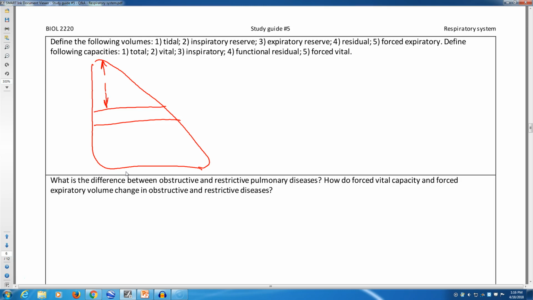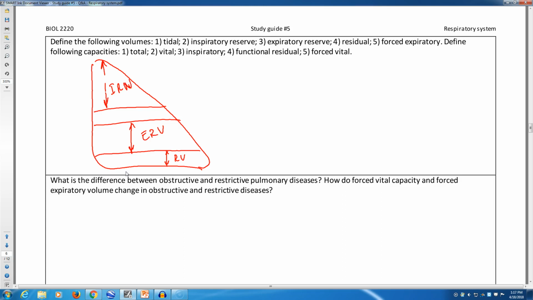Inspiratory reserve. This is expiratory reserve. This is what we can expire on top of tidal expiration. And this is residual.